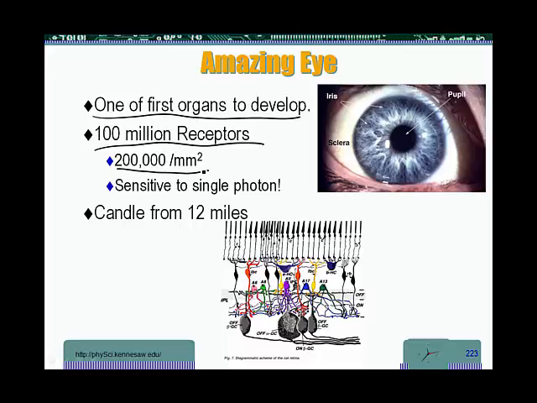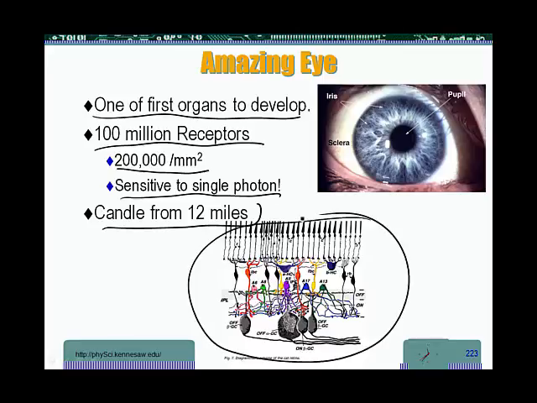That's much, much, much better than the most sensitive camera that you can buy. Orders of magnitude better. It is sensitive enough to allow us to see even a single photon. We can see a candle from 12 miles away.